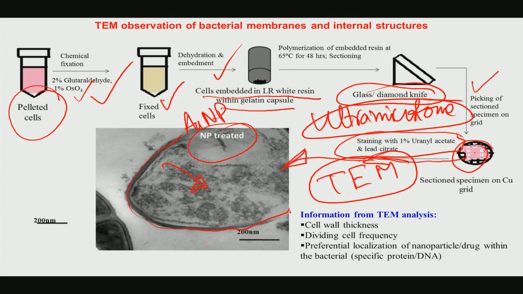So, I am trying to give you some indication of how these TEM observations can be helpful to correlate with some of the other features which you have quantified as part of your total investigation.